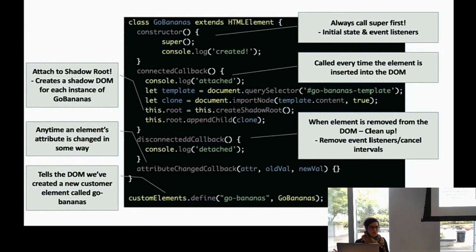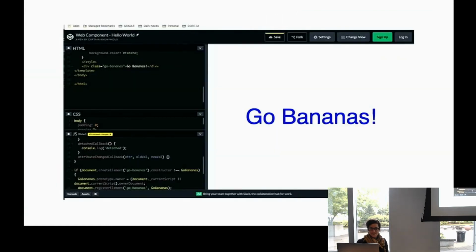And then the attributeChangedCallback is where basically any time the element's attribute changes, like updating styles and things like that. And at the end, you're just, again, defining it, saying like, here, DOM, I now have Go Bananas, and this is what's happening. So there's a quick CodePen of how I did that.